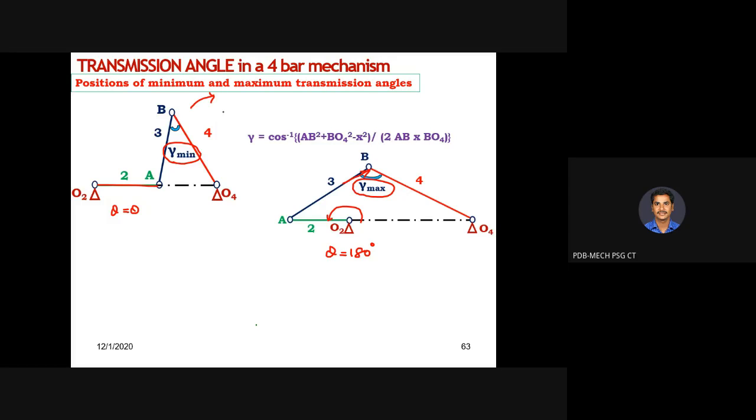First, for gamma minimum, consider this particular triangle. Consider only the triangle. This is the minimum transmission angle. So how will you write the cosine law for this? Tell me the cosine law for this triangle.